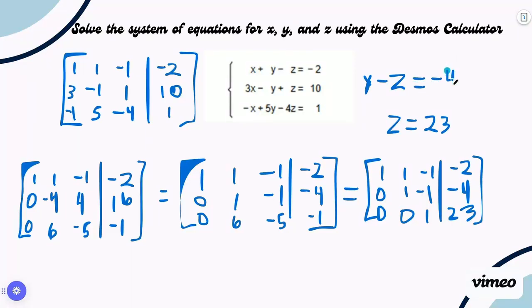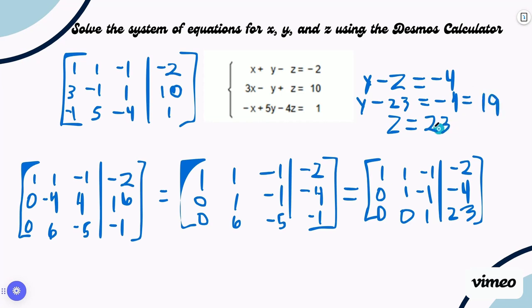And I can now substitute 23 in for z, because now I know 23 is z. So instead of saying z, I could say y minus 23 equals negative 4. When I add 23 to both sides, I'm going to see that y is 19.